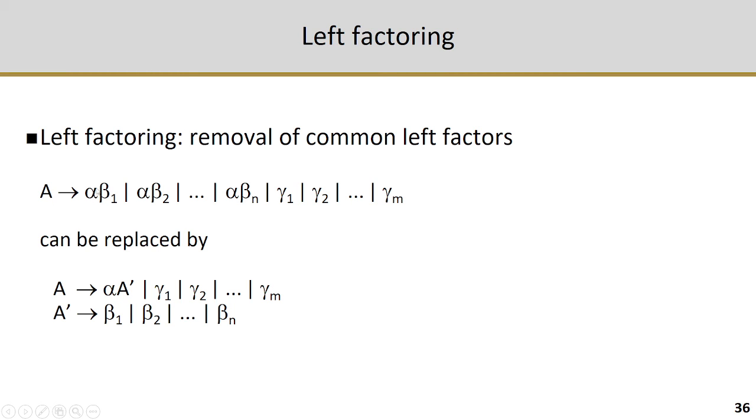So, for example, if we have n rules for A, starting with subsequence alpha, then we specify a single rule for A starting with alpha, and all the remaining parts of the different derivation rules are listed for the A prime. This A prime may contain rules starting with the same symbols again, so sometimes these modifications have to be repeated multiple times to get a grammar which does not contain more than one derivation rule starting with the same symbol.